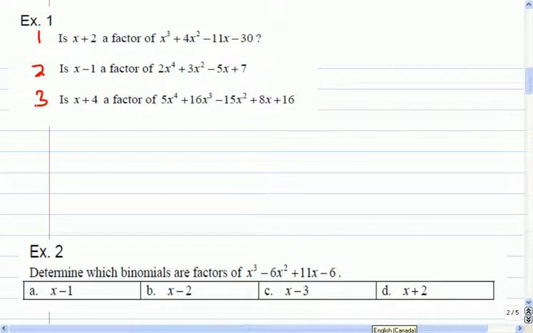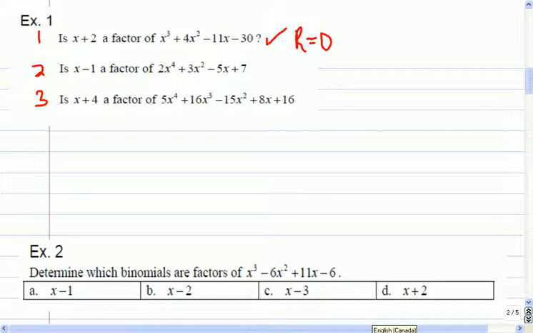Did anybody find a factor of those 3 choices? Just 1 second here. John, go for it. Number 1, yes. When I checked, the remainder was equal to 0. It is a factor. Don't take my word for it because you know how many mistakes I've been prone to make in my calculator. But John also agrees, so I'm pretty confident that it's a factor for number 1.